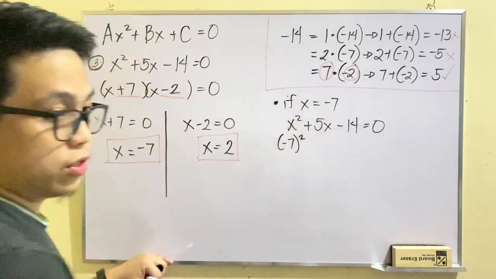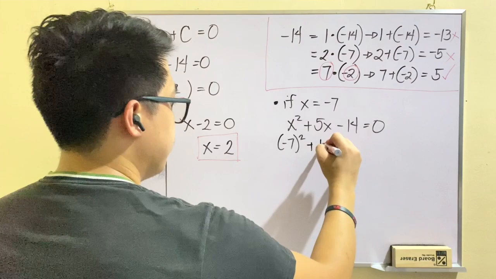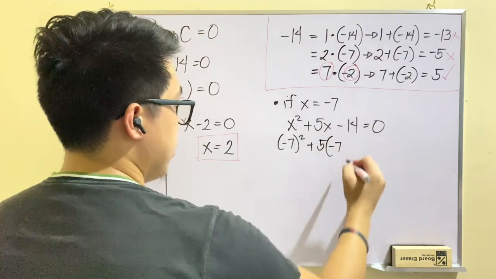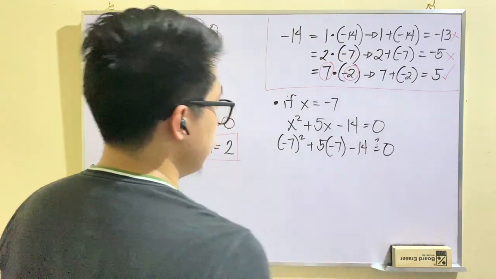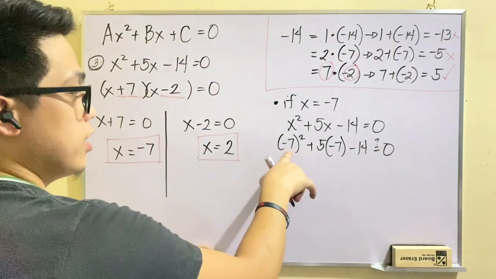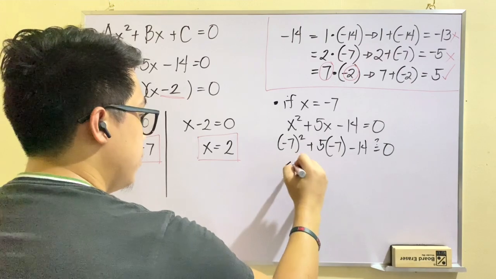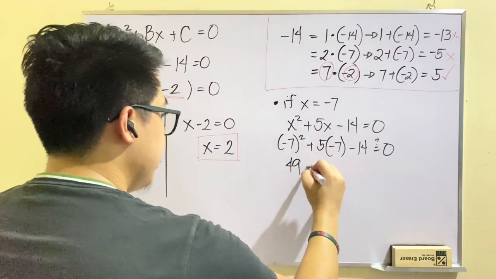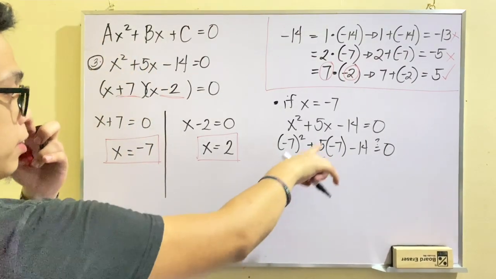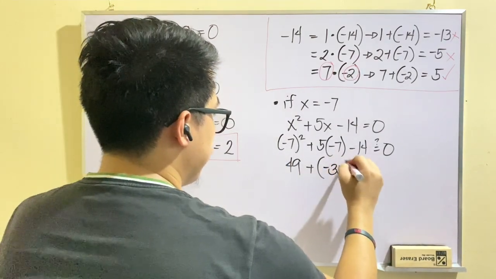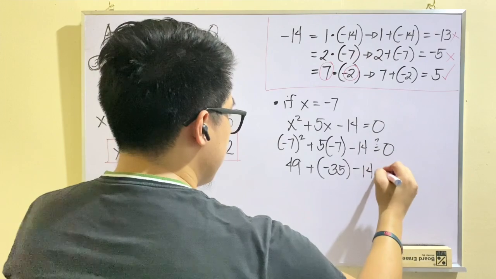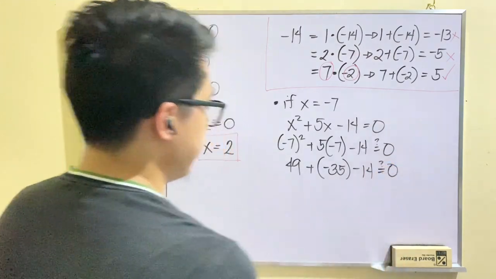Negative 7 squared plus 5 times negative 7 minus 14, is it equal to 0? Hindi pa natin alam. Negative 7 squared is 49 plus 5 times negative 7 is negative 35 minus 14, is it equal to 0?